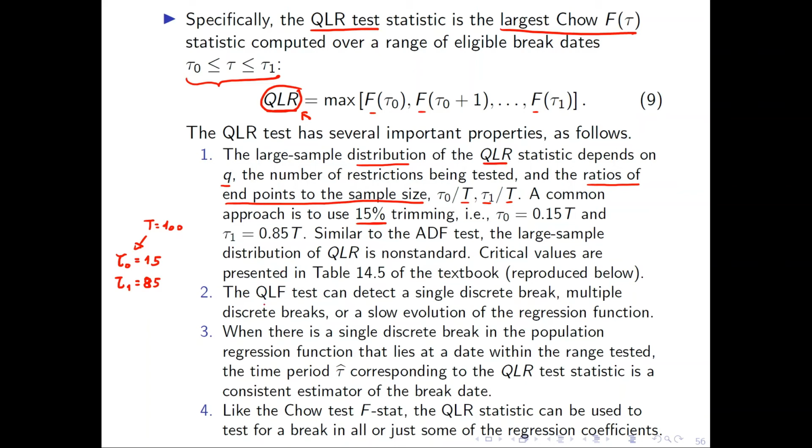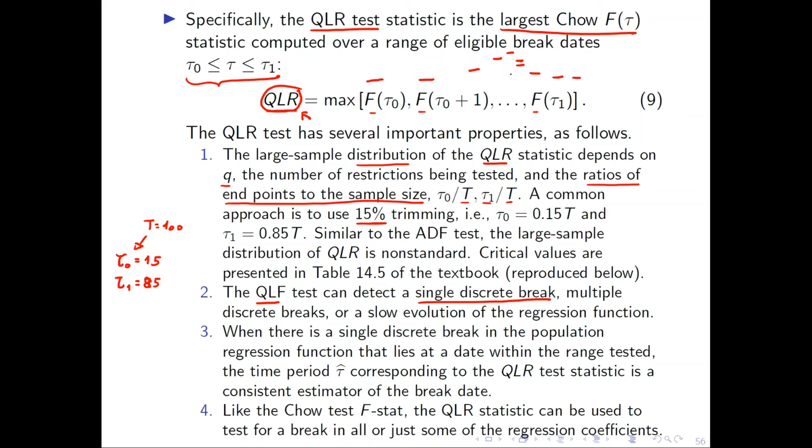This QLR test can detect whether there is a single discrete break, in which you would have a spike in your F value. For example, the F value is low, suddenly you get very high values, and then suddenly very low values again.